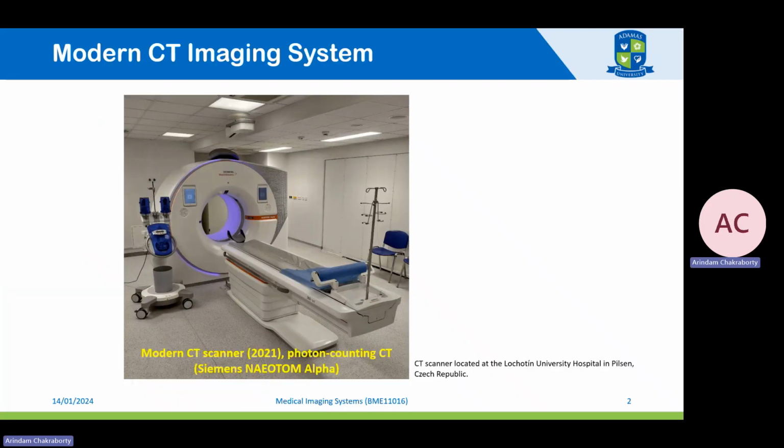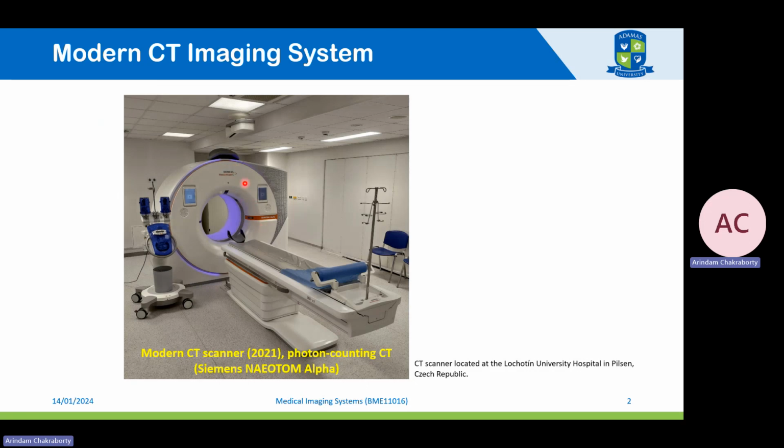So this is a very typical example of a modern day CT imaging system. This is a Siemens system that was developed in 2021.